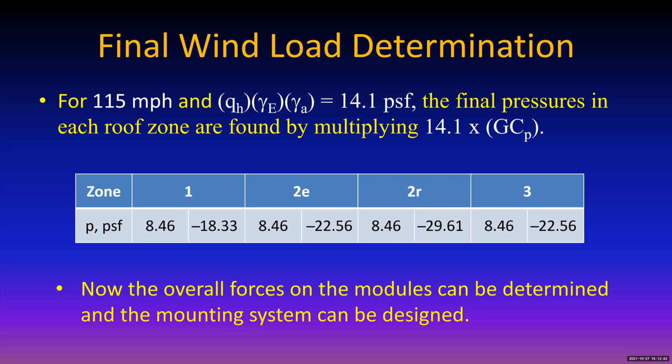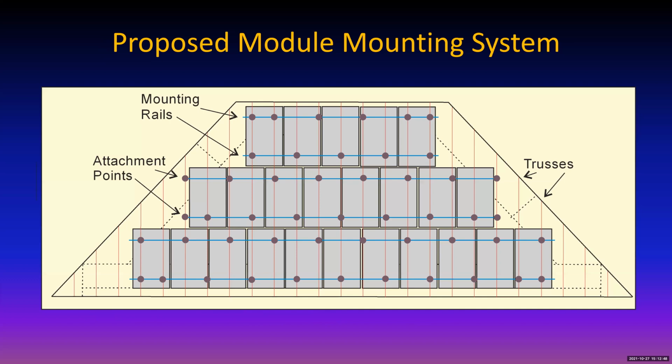So now we can figure the overall forces on the modules because we know what these pressures are in each zone. Okay. And so we propose a mounting system, and it's generally a good idea to try to make sure you've got mounting rails that are mounted on alternate trusses whenever possible, so that you don't put all the load on one truss and no load on any other truss.